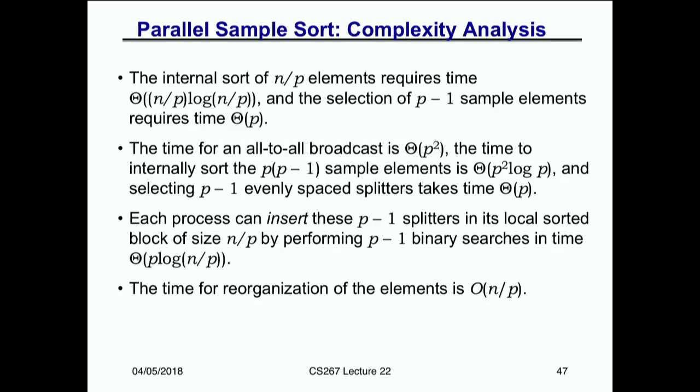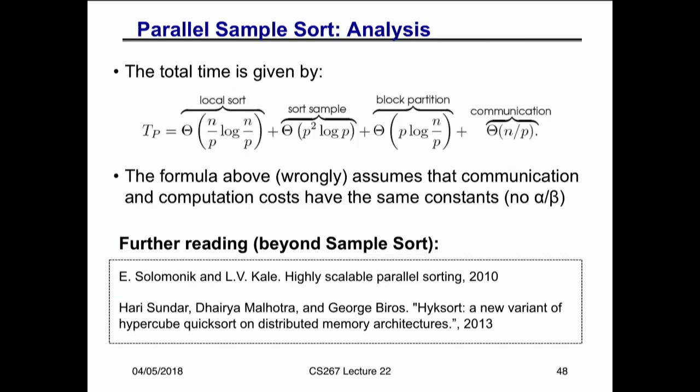That's why it ignores the all-to-all, because it says the internal sorting is already larger than that. But in practice, the all-to-all will take much more time than the internal sort, of course. If you don't use the alpha-beta model, the exact cost looks like this. And I said this formula has some issues, because it's not including the latency cost of all-to-all as a separate term, which will have alpha times order p squared.